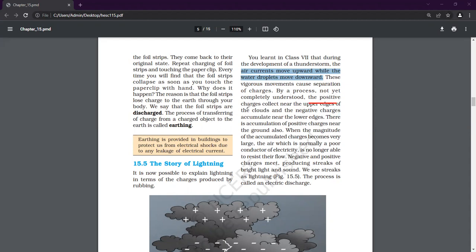The positive charges collect near the upper edges of the cloud and the negative charges accumulate near the lower edges. There is accumulation of positive charge near the ground also.